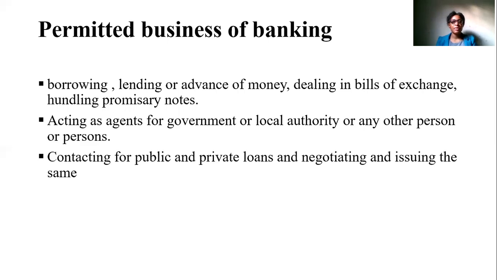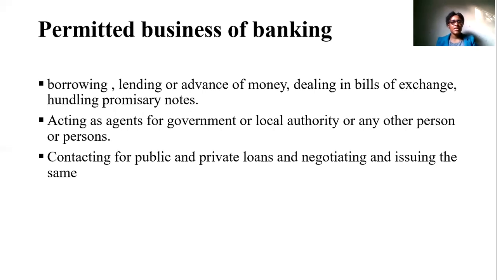So this is one of the permitted businesses that a banking sector is permitted to do. It is permitted to borrow money. It is permitted to lend money or advance money. It is permitted to deal in bills of exchange, and it is also permitted to handle promissory notes.